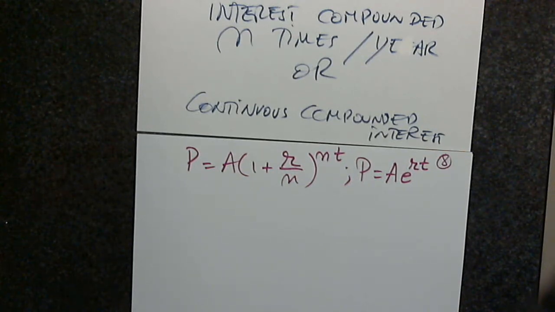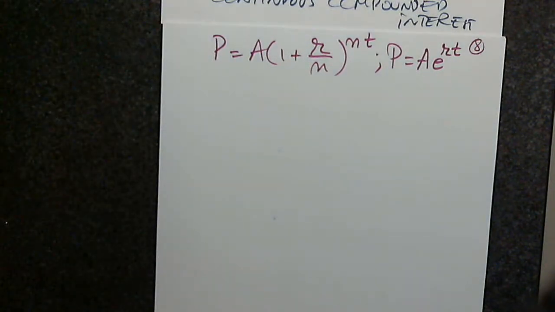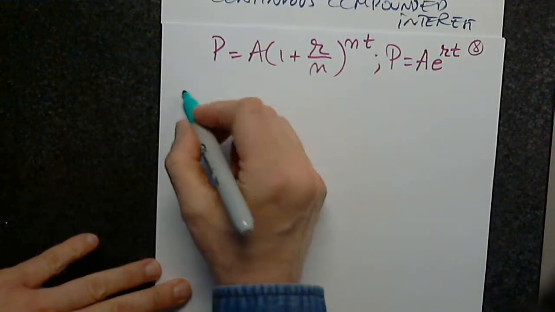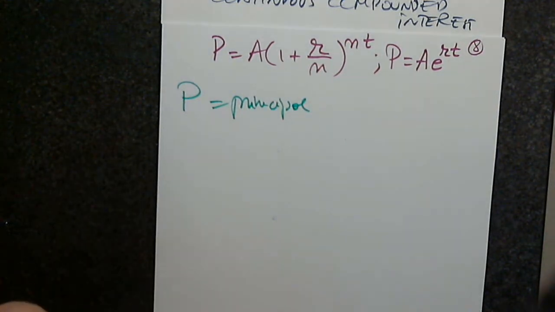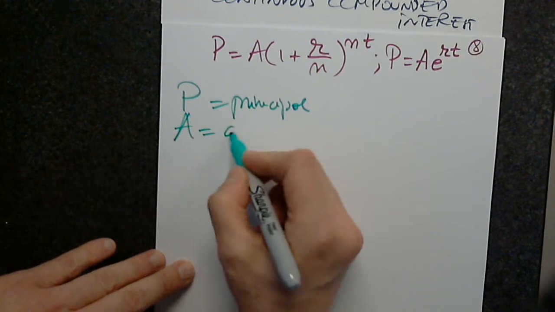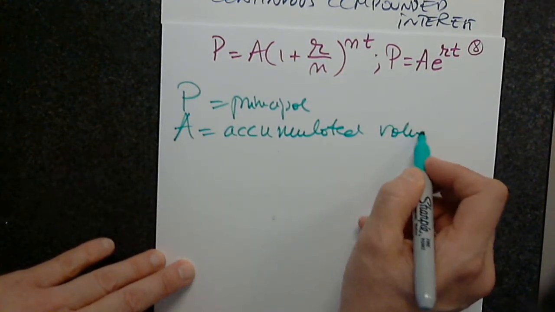But now let's see what all these letters mean, because otherwise it doesn't make any sense. P is the principal. What is the principal? I deposit money at the bank or I take a loan. A, accumulated value.